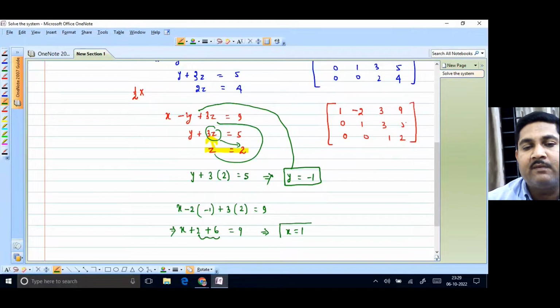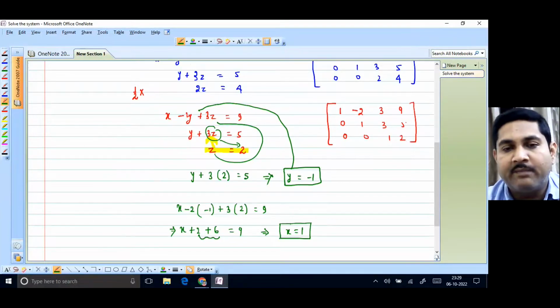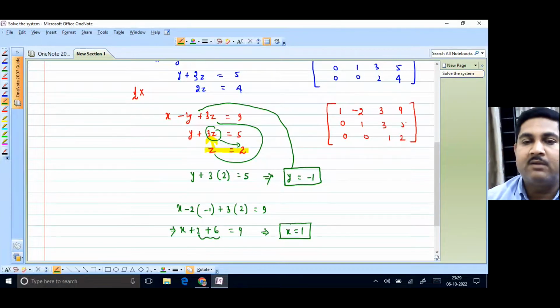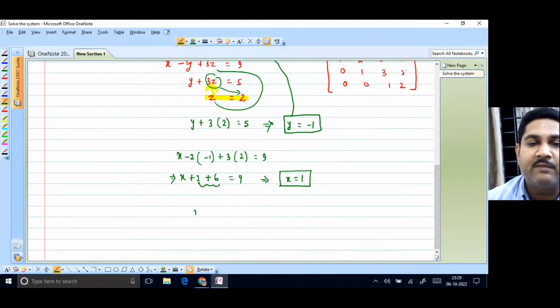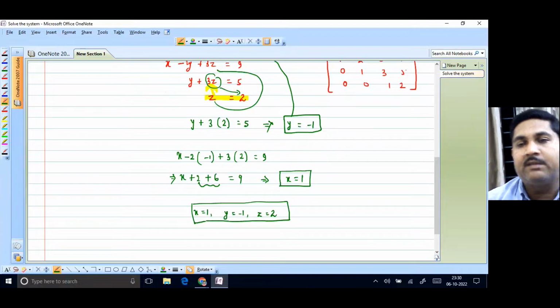So I got my value. With elimination I am clubbing the back substitution and we get the answer, and this is called the Gauss elimination method. So my solution is x equal to 1, y equal to minus 1 and z equal to 2.